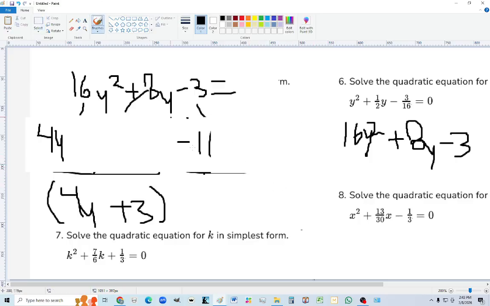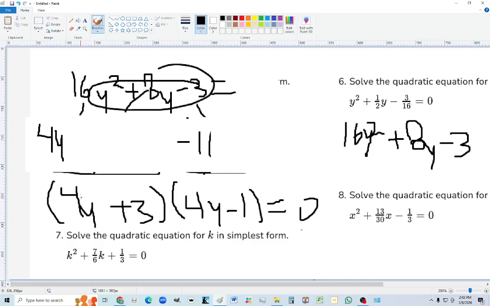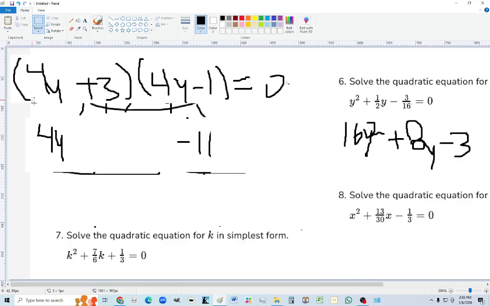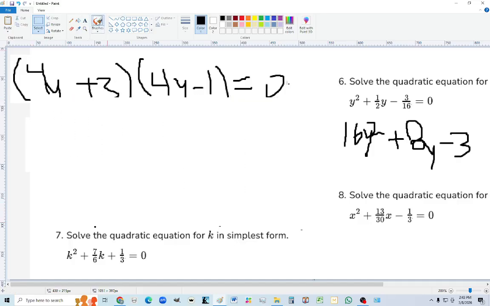It's 4y minus 1. So these are the two factors equaling 0 for this equation. Sure enough, if I multiply out, I get that. So I did it correctly. For this to be true, either bracket has to be equal to 0. So you have to set each to 0 to solve.